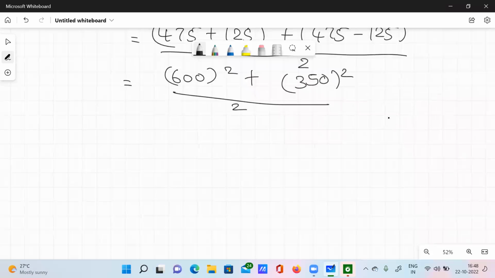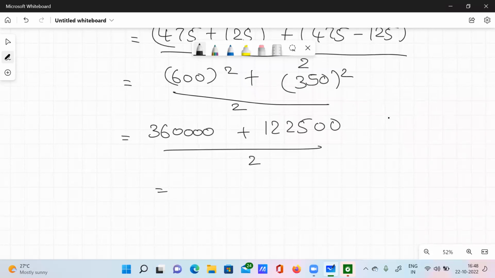So now you just need to square this. 6 square is 36. Put 4 zeros here. Plus 35 into 35. You need to find out what that is. 1225. Put 2 zeros here. Divided by 2. Just add all these things up, so you will get 241250. This would be your answer.